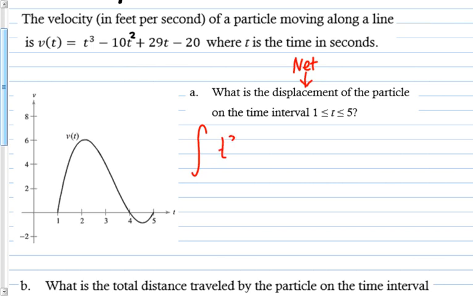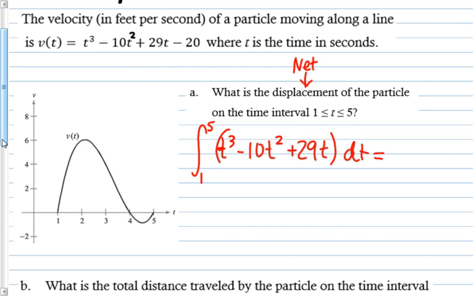So the integral of t cubed minus 10t squared plus 29t minus 20 dt from 1 to 5. I'm not going to solve this manually because we should be at the point that we can integrate this equation and plug in 5 and then plug in 1.